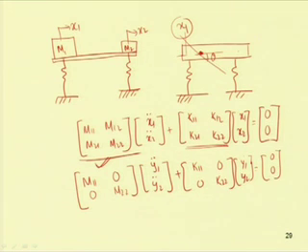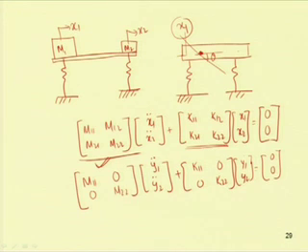So, for the coordinates y1, y2, the equation is uncoupled. In this case the equation can be written as m11 y1 double dot plus k11 y1 equal to 0, and the second equation will be m22 y2 double dot plus k22 y2 equal to 0.